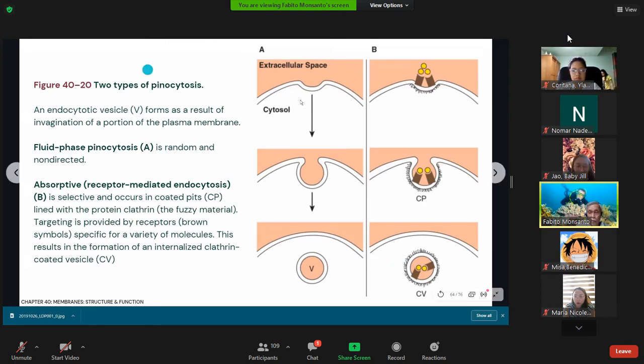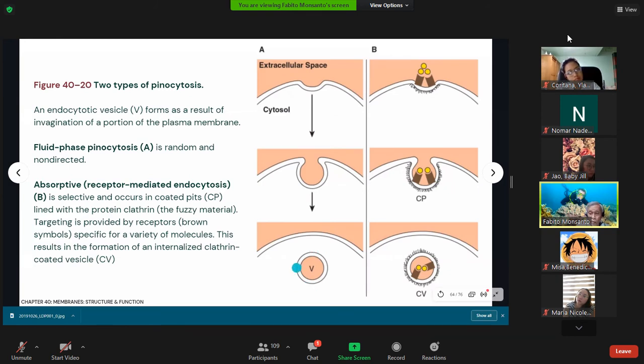Okay, so this is the opposite of invagination, where it forms a vesicle and then you still have the membrane here.